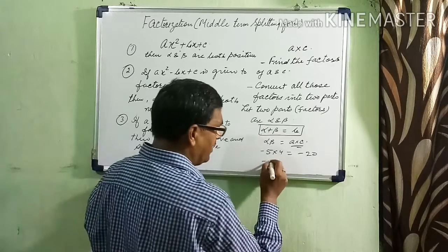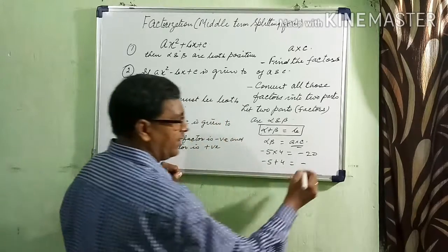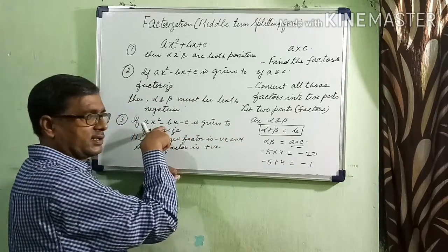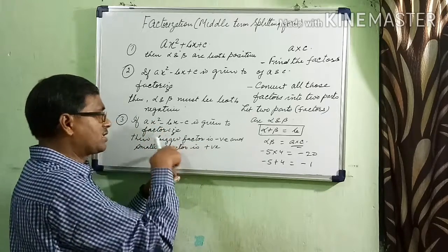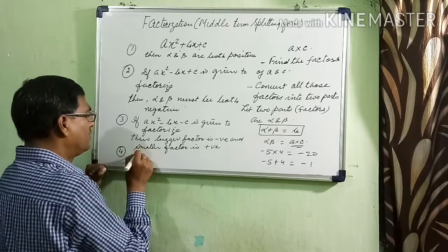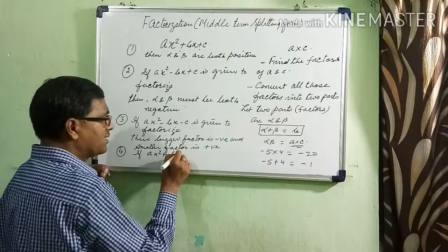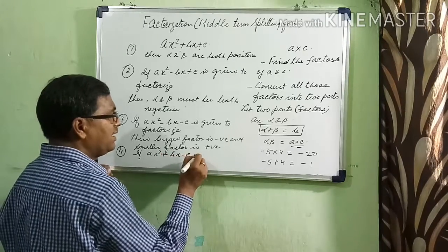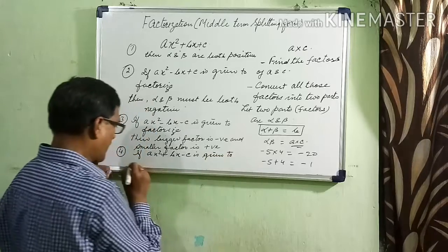But when you add minus 5 plus 4, it will be minus 1, and b is minus. That is why you have to keep in mind that the bigger part will be negative and the smaller part will be positive.